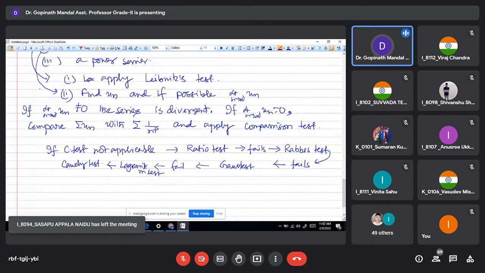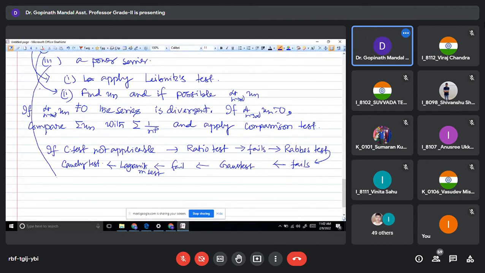And if the series is a power series, apply the ratio test.